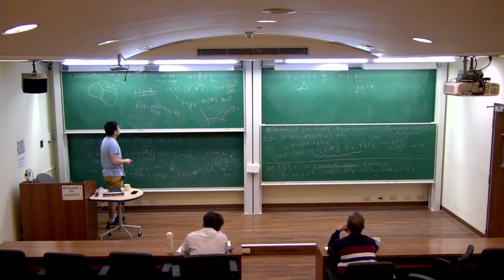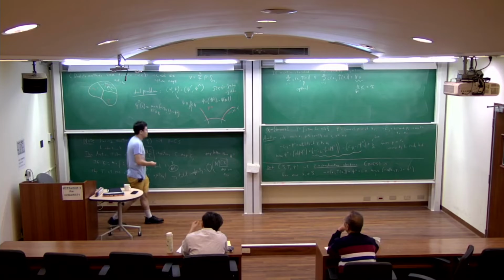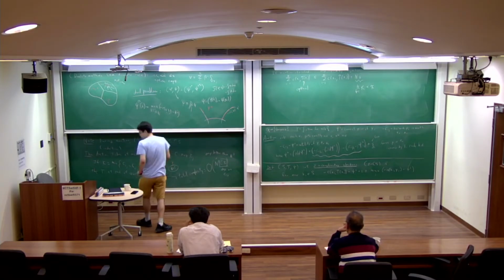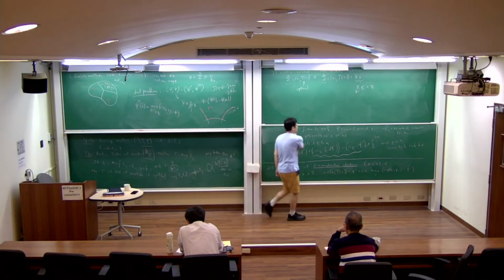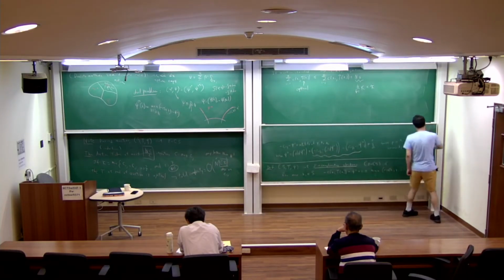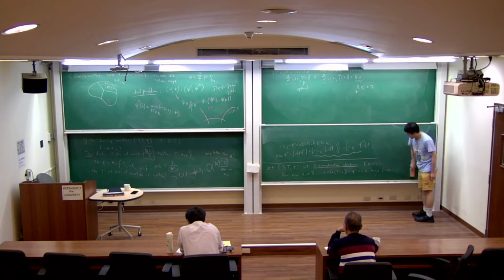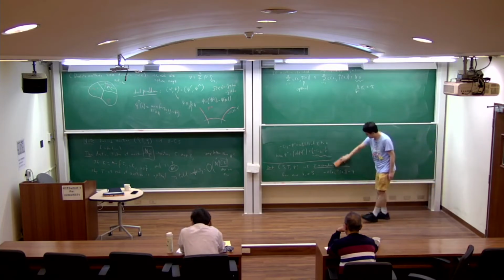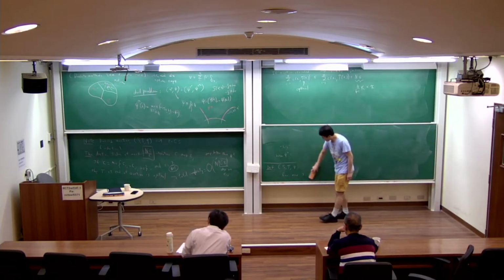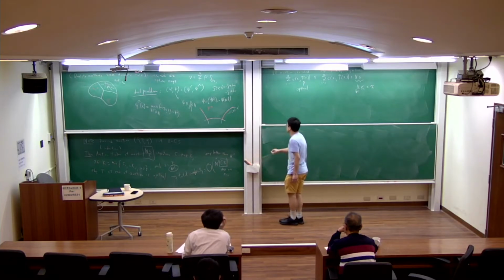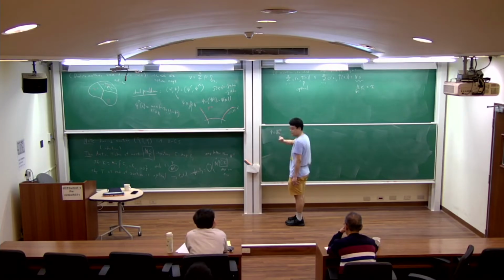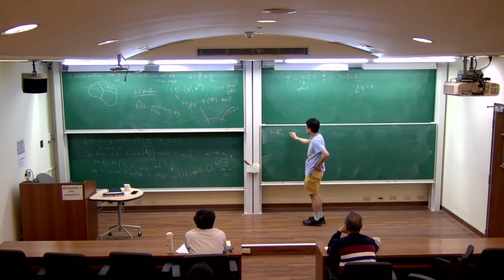So given a vector psi in Rn, I can define the following object.